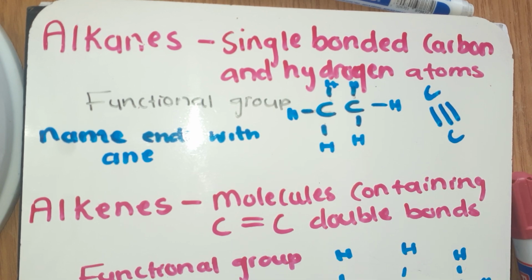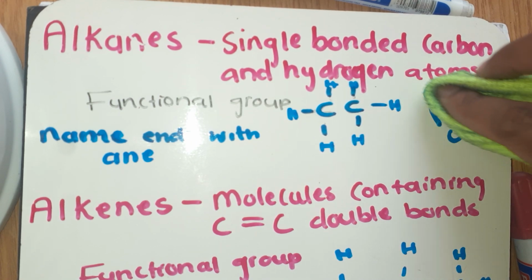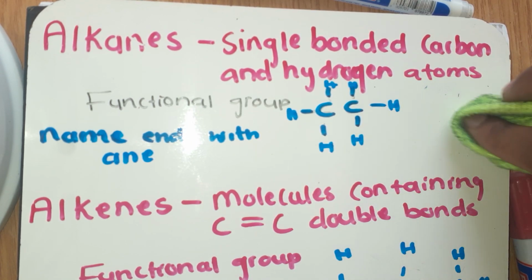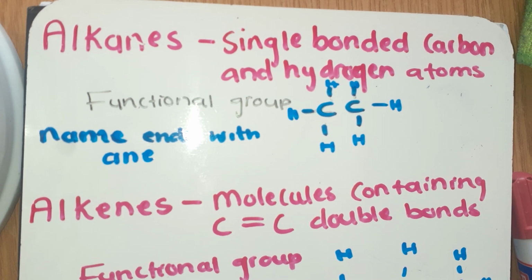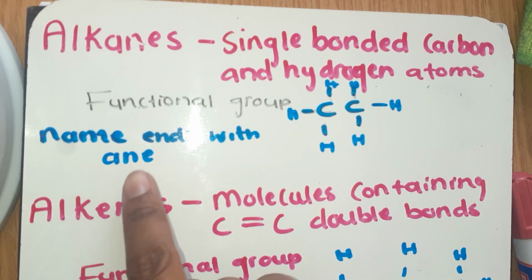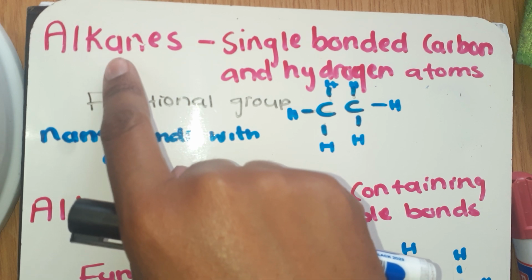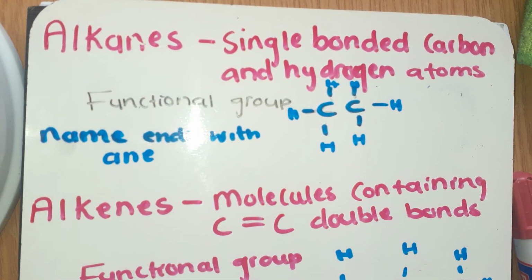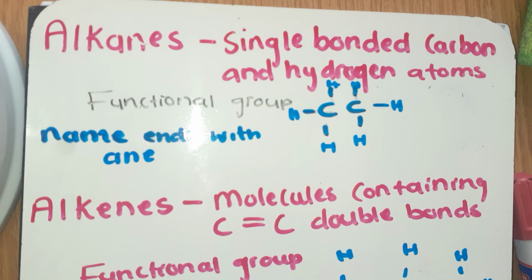So when you have single bonding hydrogen and carbon, know that you are working with alkanes. The name also ends with A N E, alkane. So there are different types of alkanes. So yes, that is how you identify. So know the functional groups.